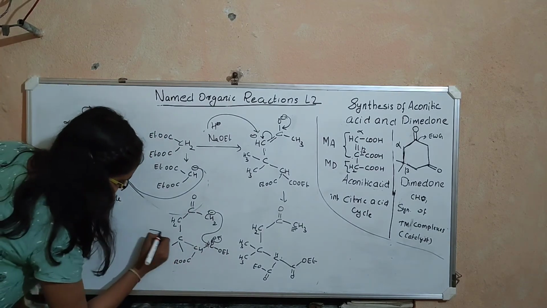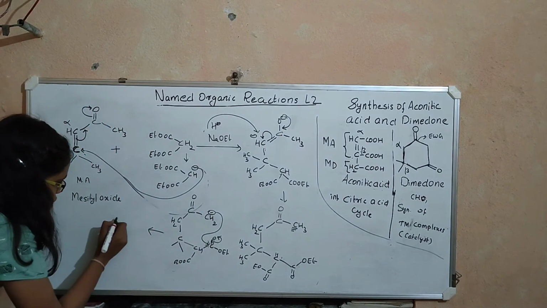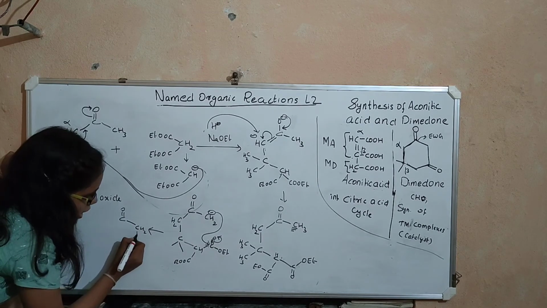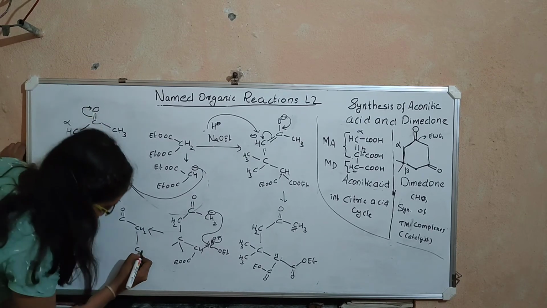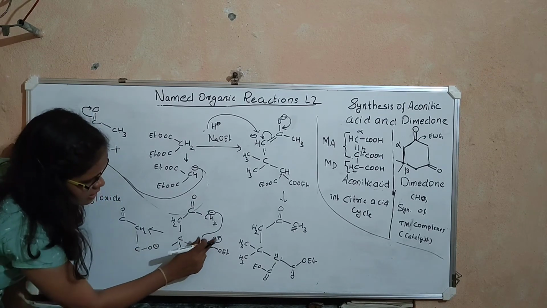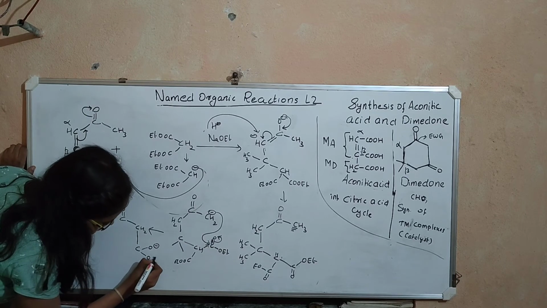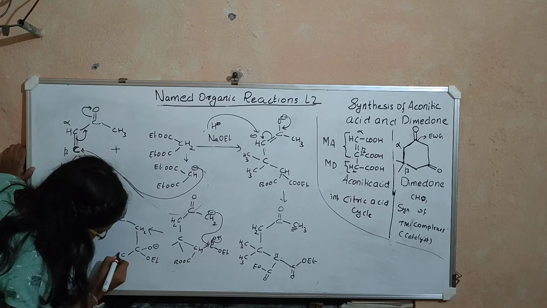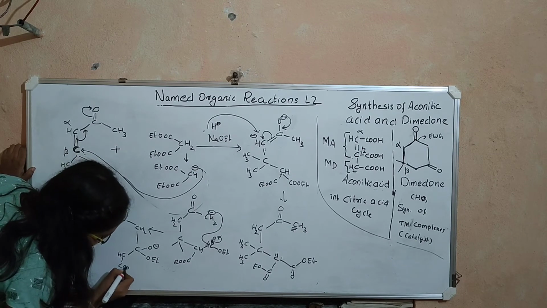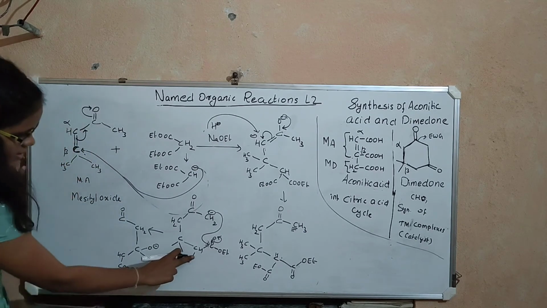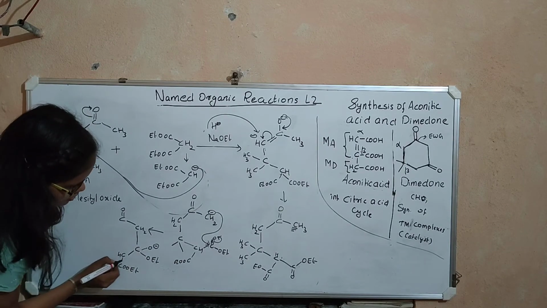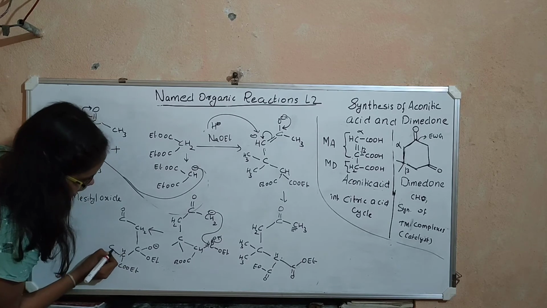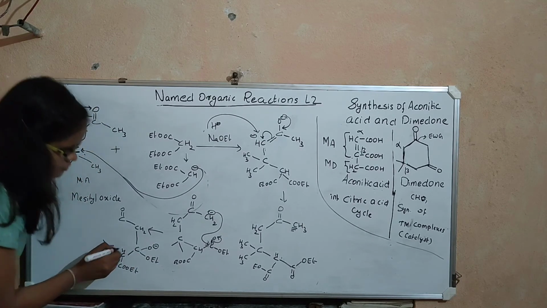So what you get is this one. You have C double bond O. You have this CH2, and it is attacking this carbon which has O minus and OEt on it. And this carbon is bonded to CH, which has COOEt, and this carbon is bonded to the carbon which has two methyl groups.